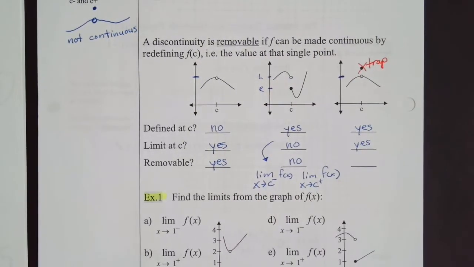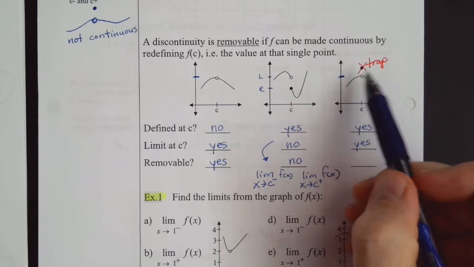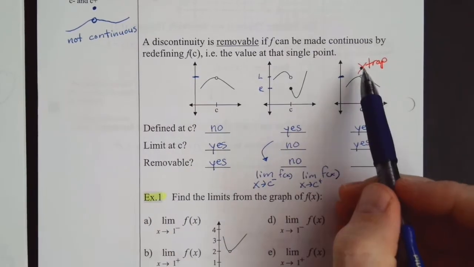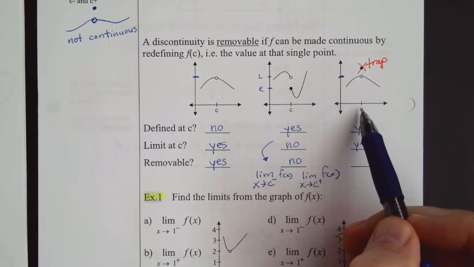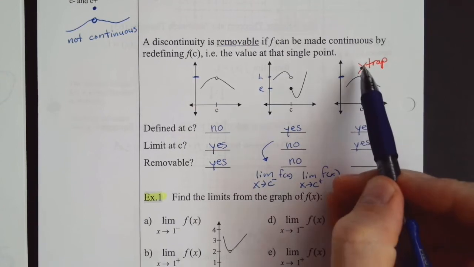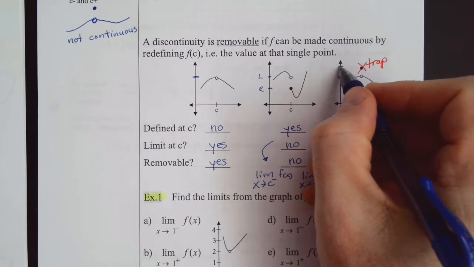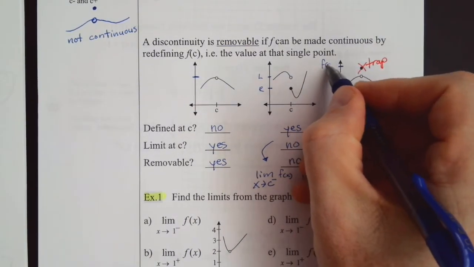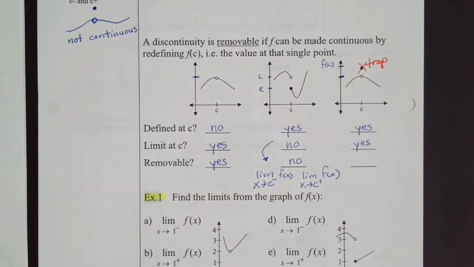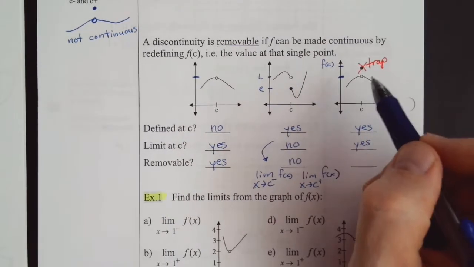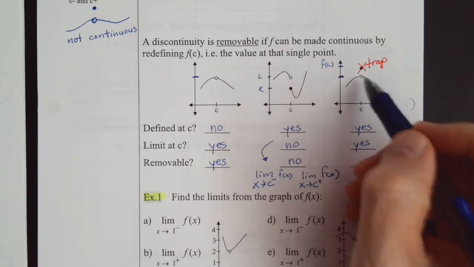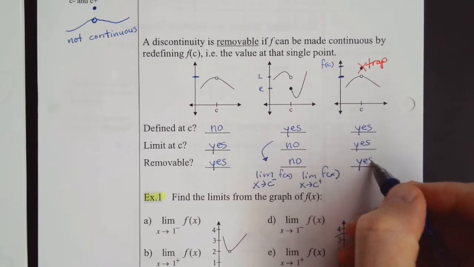Don't go for that point. That's almost never going to be the answer. The only thing that would be the answer to is what is f of C? f of C is equal to that. But that's rarely going to be asked. So, is it removable? Yes. If we get rid of that and plug in a point here, yes, we could fix that.